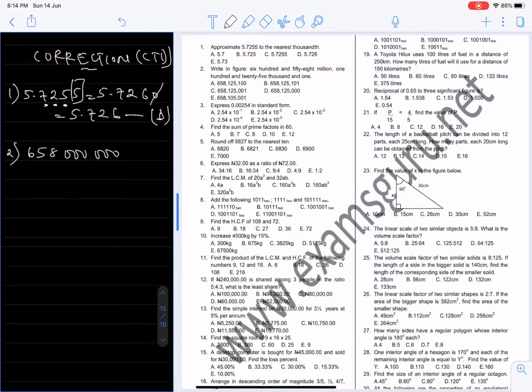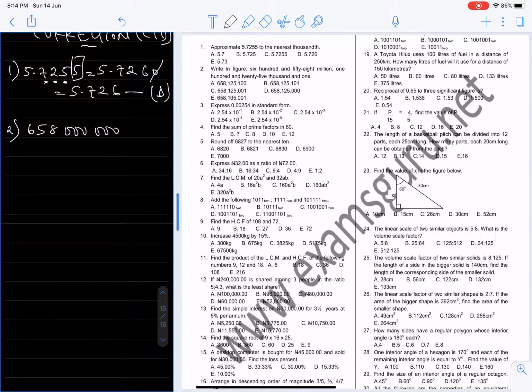Of course, this is 658 million. 125,000. Let's write 125,000 and 1, and then the 1 will be there. So now we add the 3 numbers together. We have 658,125,001, and that's the answer.